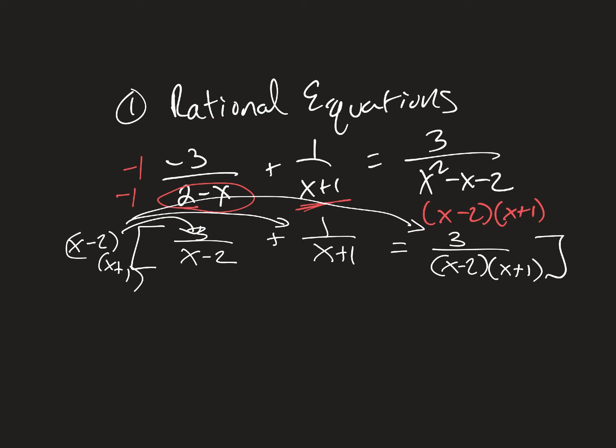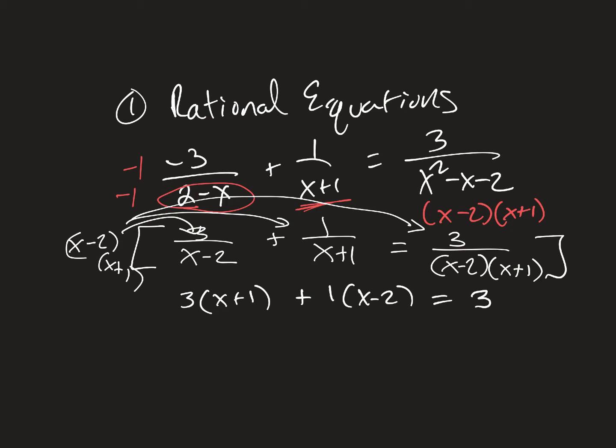So multiplying by the first term, 3 over x minus 2, the x minus 2 goes away, and I get 3 times x plus 1. For the second term, the x plus 1 goes away, so I have 1 times x minus 2. And very nicely, when I do the last one, the denominator completely goes away, so I just have equals 3.